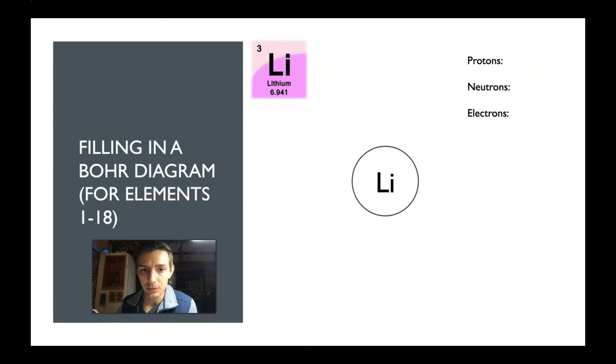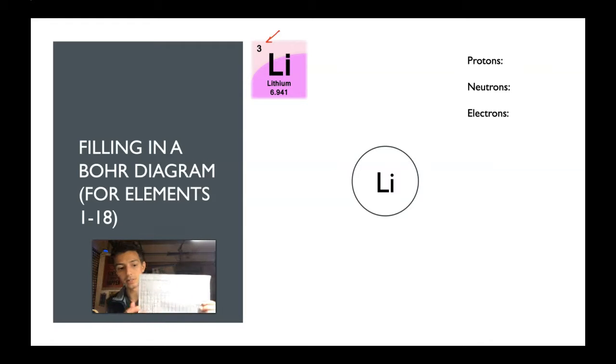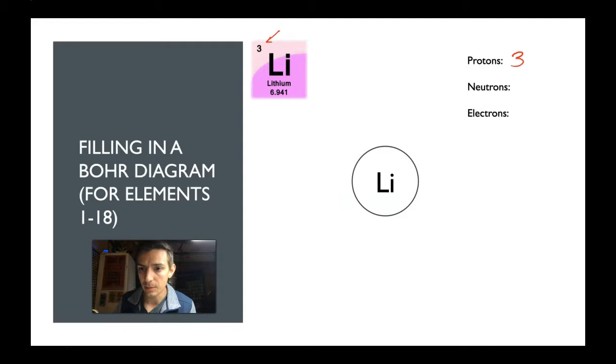Now we're going up to another row. If you remember how the periodic table is structured, there's helium and hydrogen in row 1, or what we call period 1. You go down to row 2, and we start with lithium. Maybe you now see why lithium is going to be in the second row. If not, hopefully you'll see in just a second. Protons for lithium are 3.